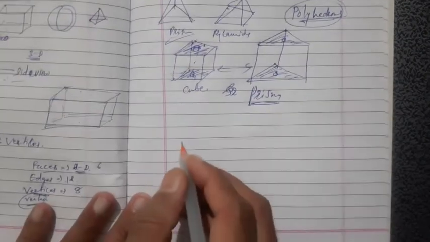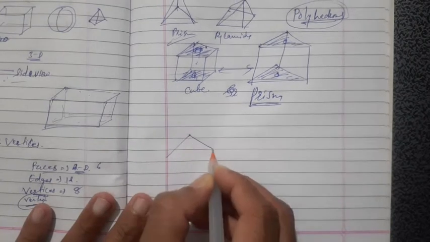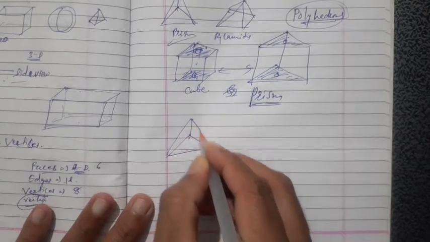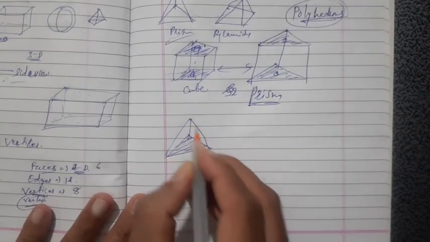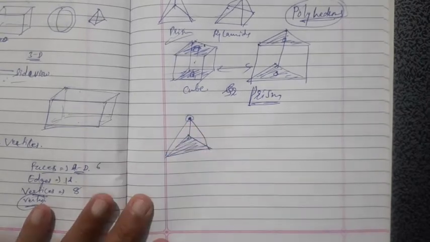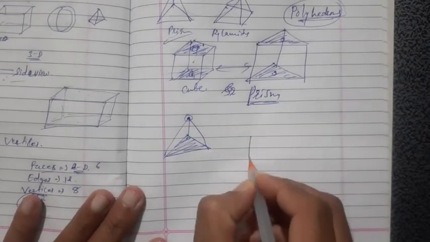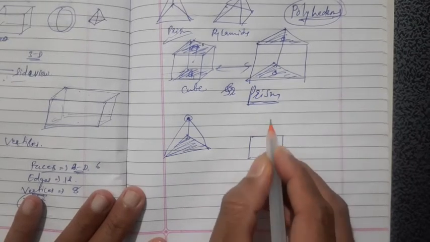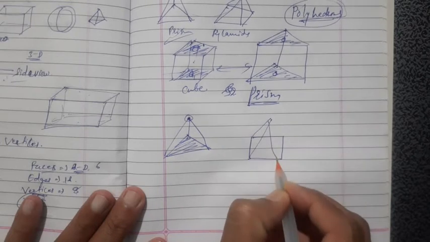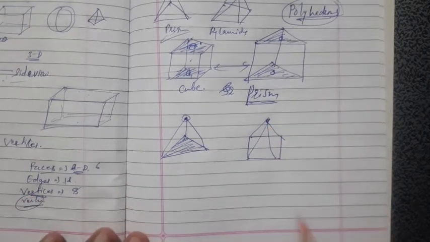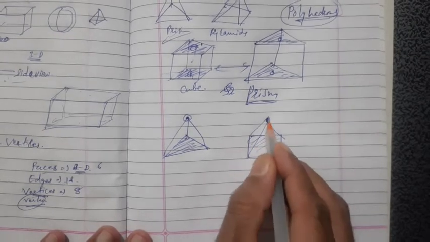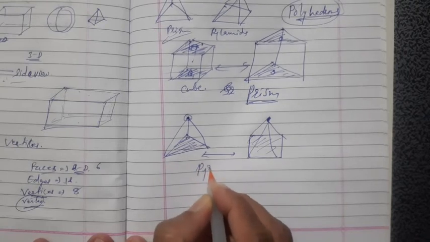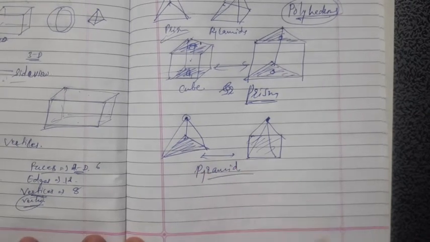Now look, this one is base, and up top side is a single point. One more, look, base is in a square form and top is a point. These type of shapes are called pyramid shapes.